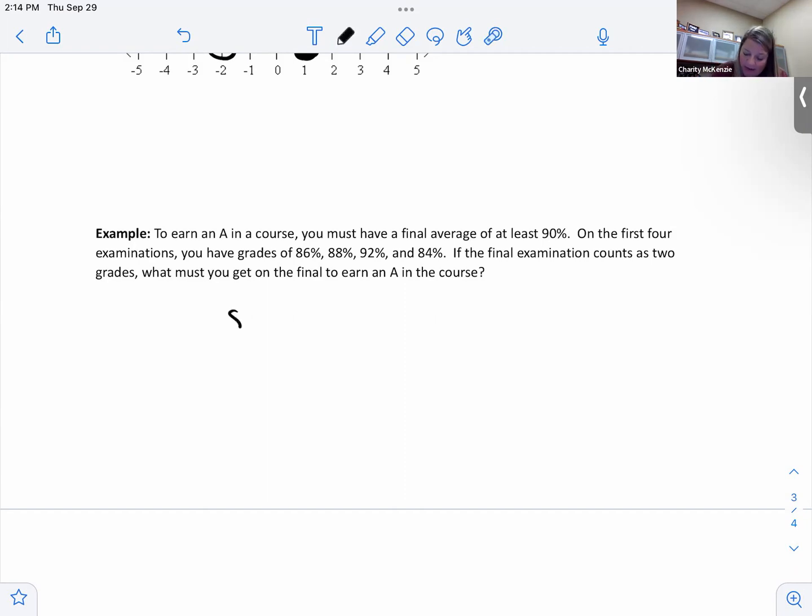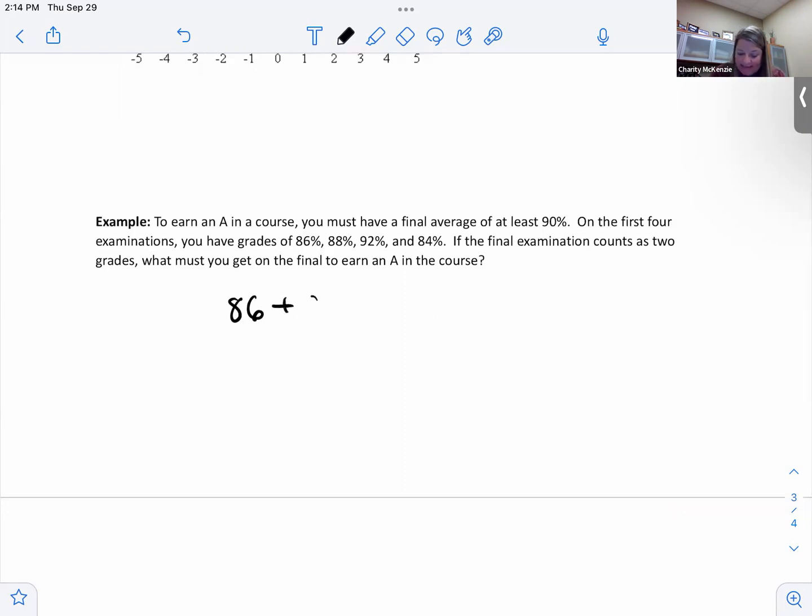We have a first grade of an 86, and if we want to do the averages and the mean, we add them all up and divide by how many there are. So first test plus second test plus next test plus the 84, plus I have to add the final exam score twice because it's double.